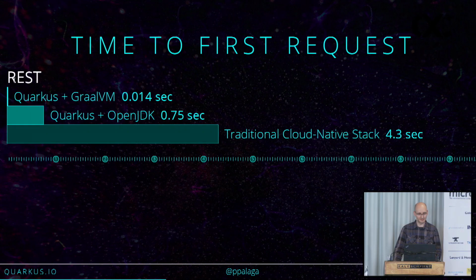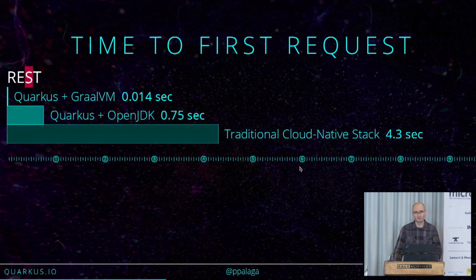So given this metric, let's compare the same three things. Again, for the simple REST application, Quarkus can boot in under 20 milliseconds, exactly. In the JVM mode, it's about 750 milliseconds. And with the traditional cloud-native stack, it's a few seconds.